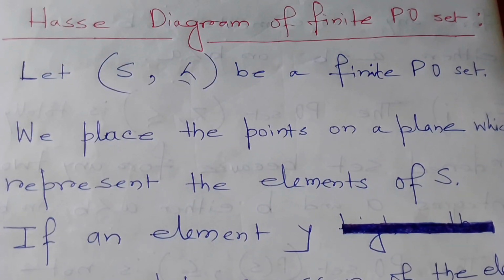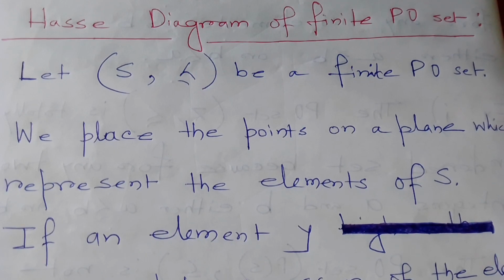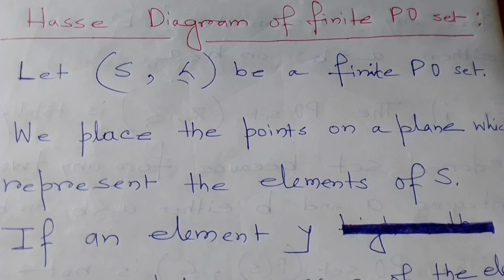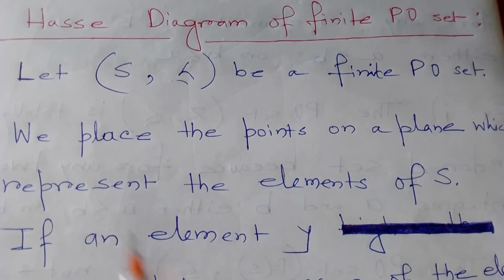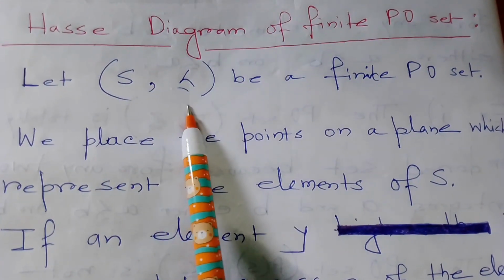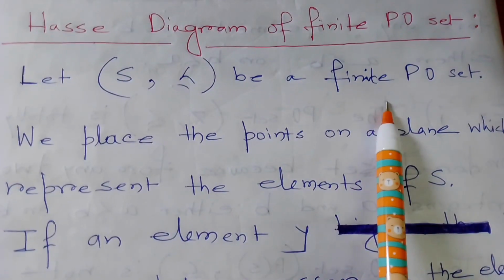I am starting with one of the most important topics of a poset, and that is the Hasse diagram. So first let me go with the definition. Let (S, ≤) be a finite poset.